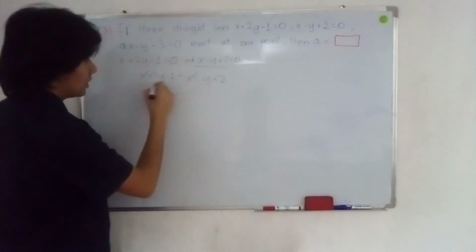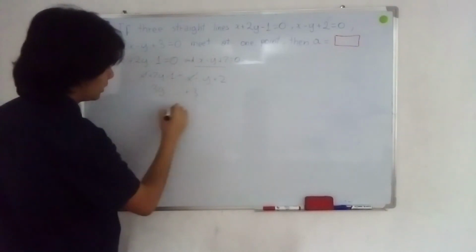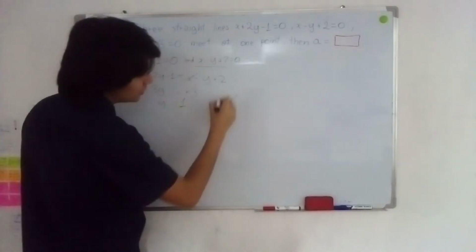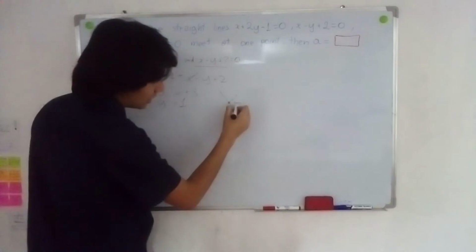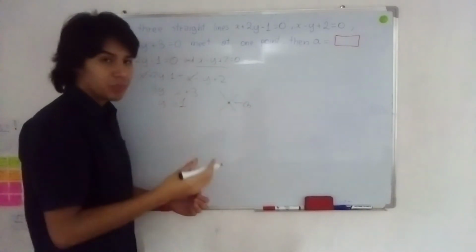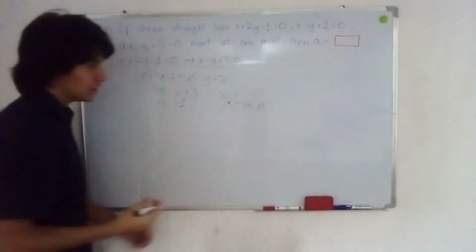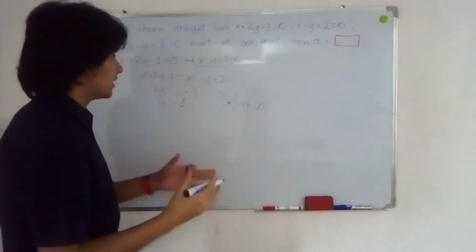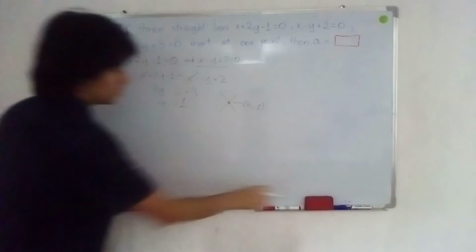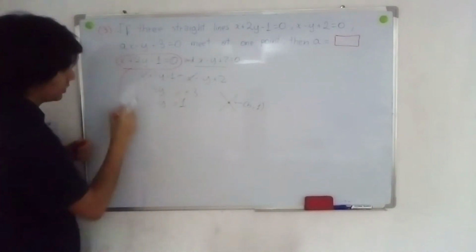It's left, and that is 3y plus 3, and y is 1. So these two straight lines meet at a point. What is the x here? We're going to bring this equation to here.